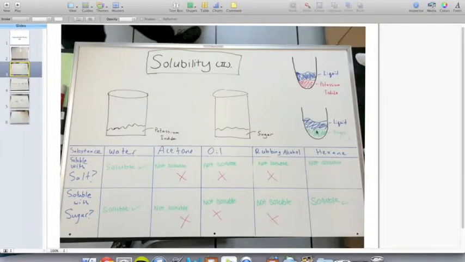Now, with these tests, we placed the sugars and the salts into the liquids and stirred it around a little bit to see if they did, in fact, dissolve. Now, water was the only substance that dissolved both the sugar and the salt, and then hexane did dissolve the sugar. Other than that, all the other liquids did not dissolve the solids.